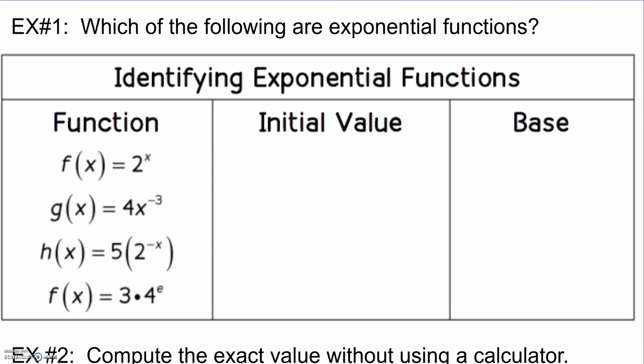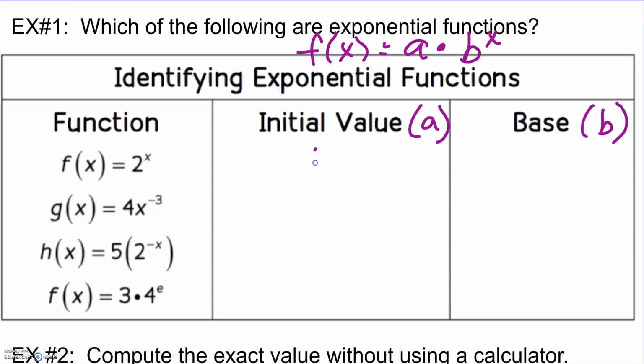What you're looking for, remember, is the form f of x equals a times b to the x, and there were all kinds of restrictions on b. So this is in that form. A is the initial value, b is the base. A in this one is 1, because imagine there is a 1 times 2 to the x sitting out there in the front, and the base is 2.